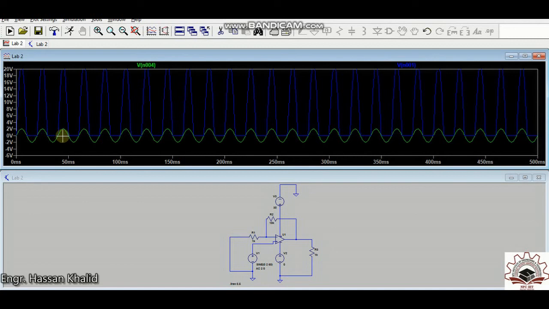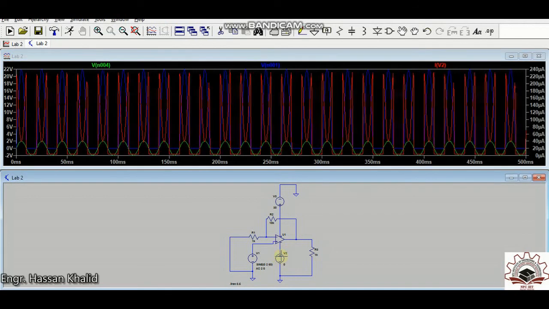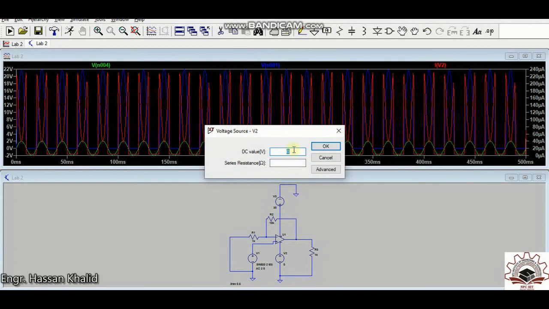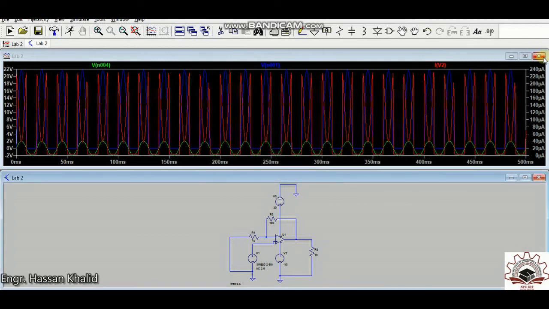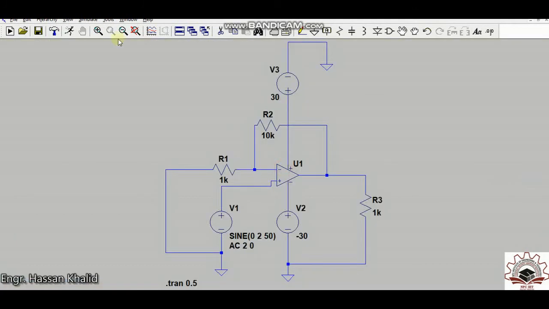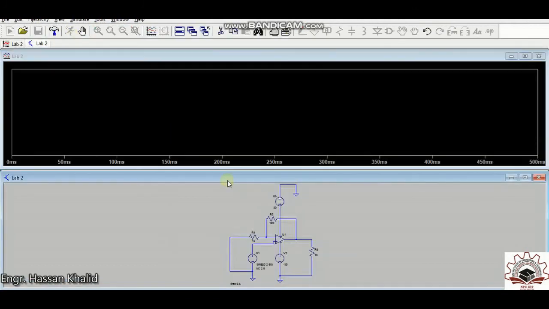That means whatever biasing you give on the positive side, it must also be on the other side. So you should increase the limit to minus 30 volts and rerun the circuit.